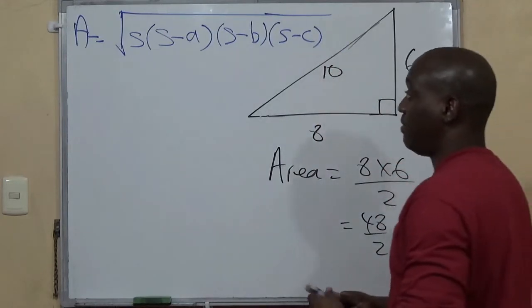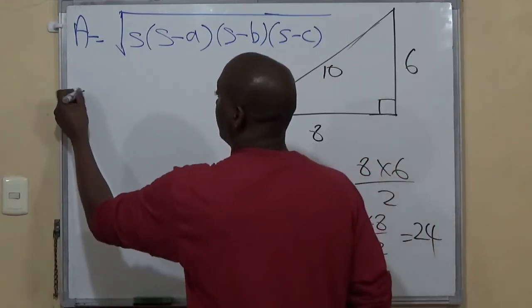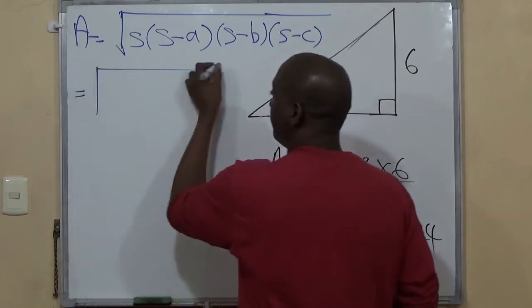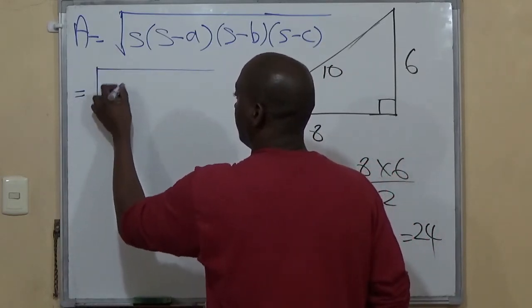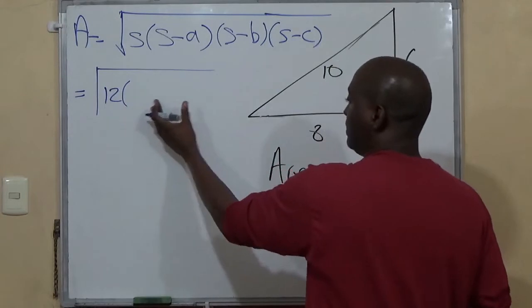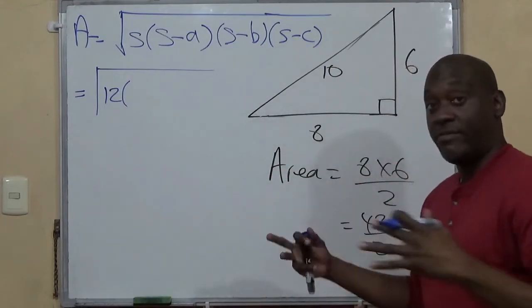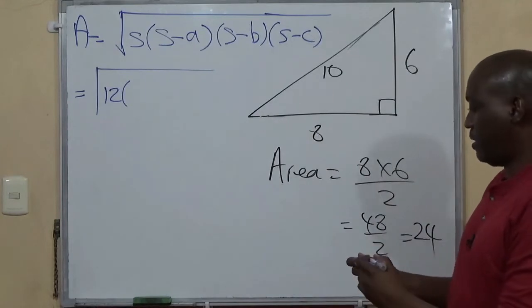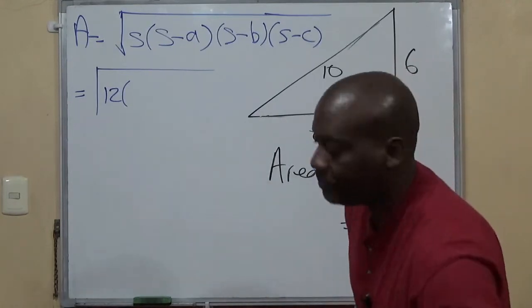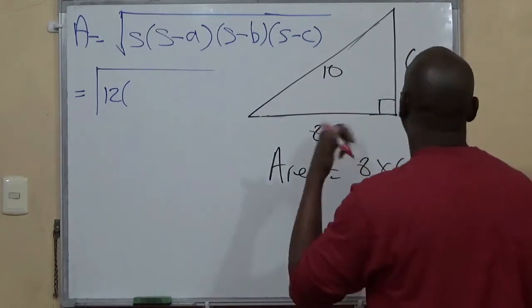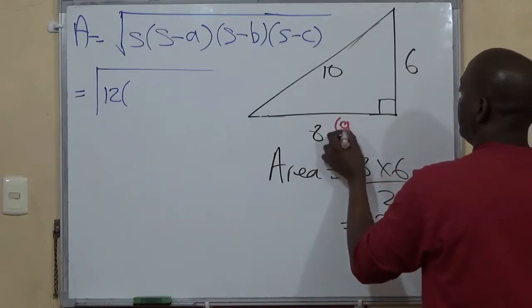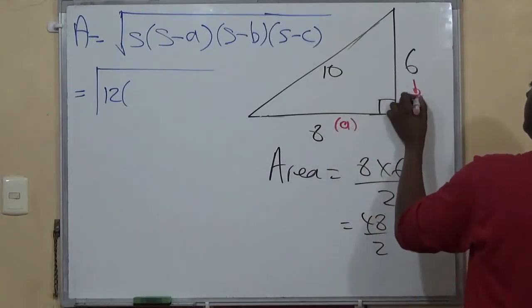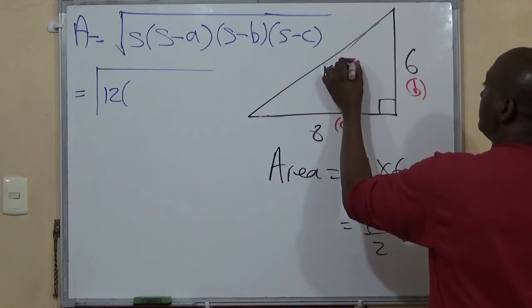We know that S is 12. So the area will be equal to the square root of 12 into, and I'm going to take the opportunity here to write out everything. Now we go anti-clockwise. So A is equal to 8, B is equal to 6, and C is equal to 10.